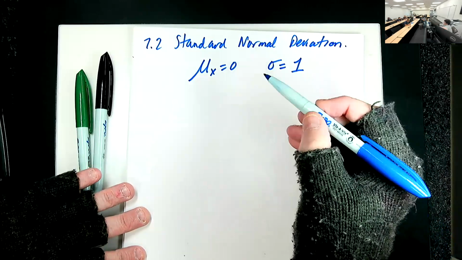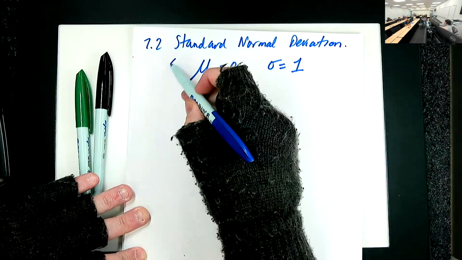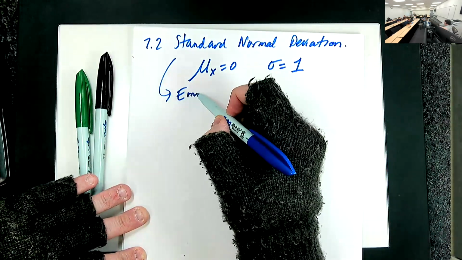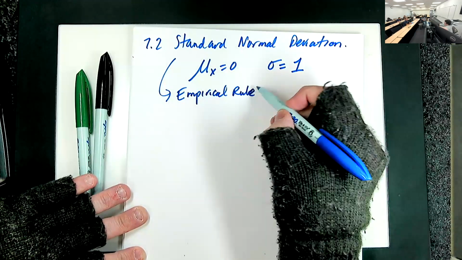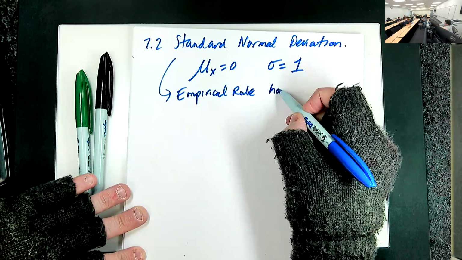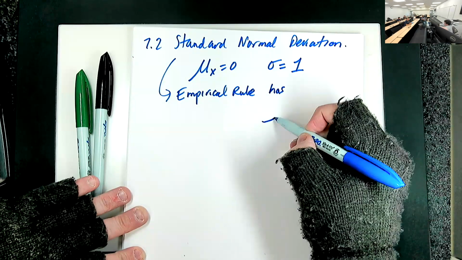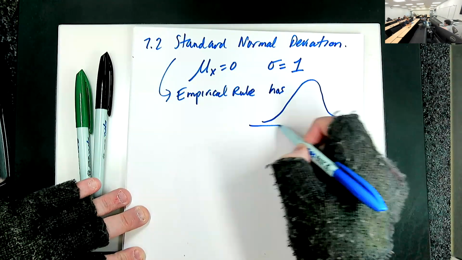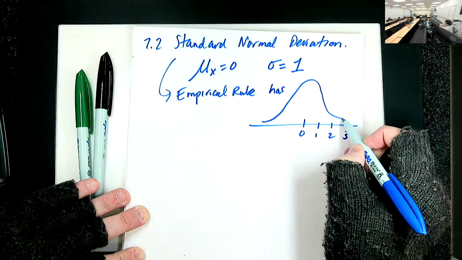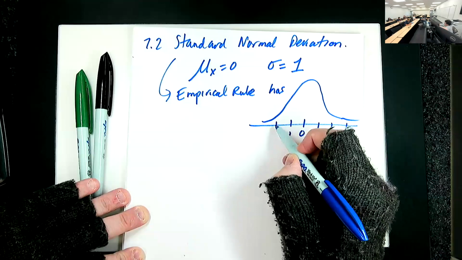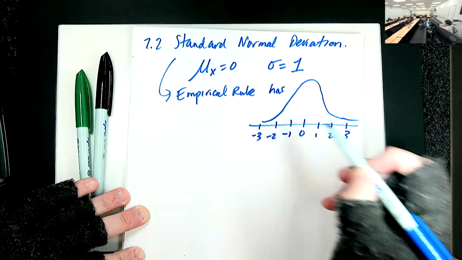So like the standard normal deviation, the empirical rule has 0, 1, 2, 3 along the bottom that way, and -1, -2, -3.